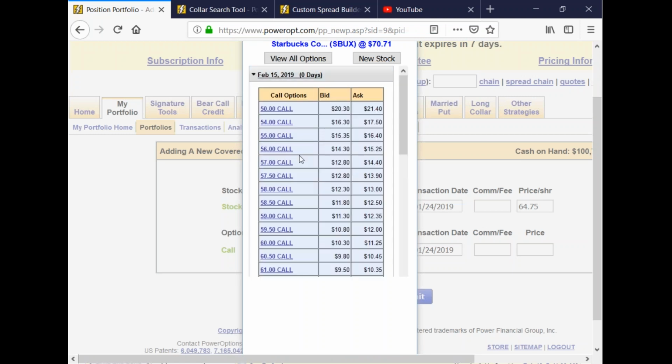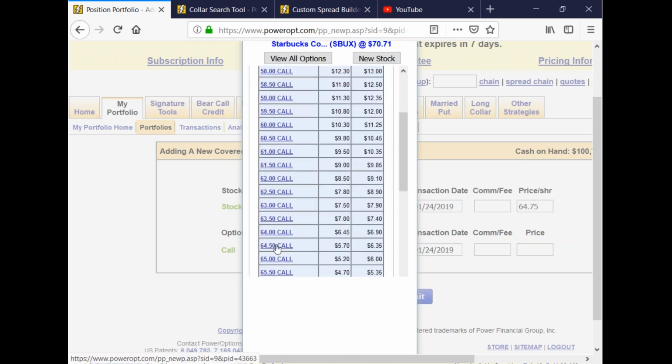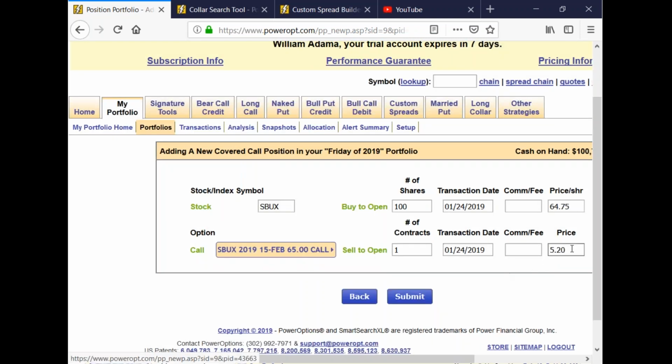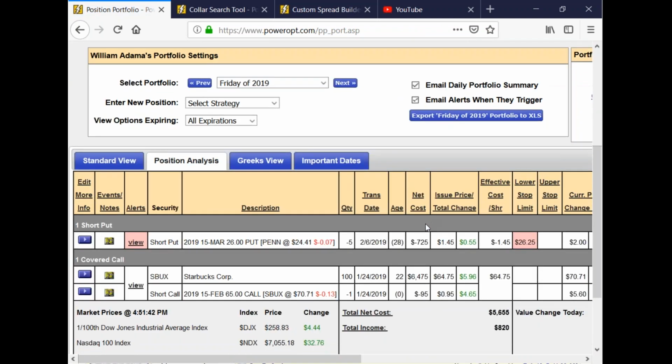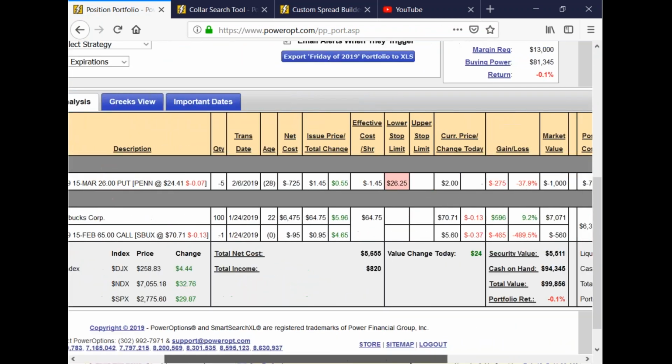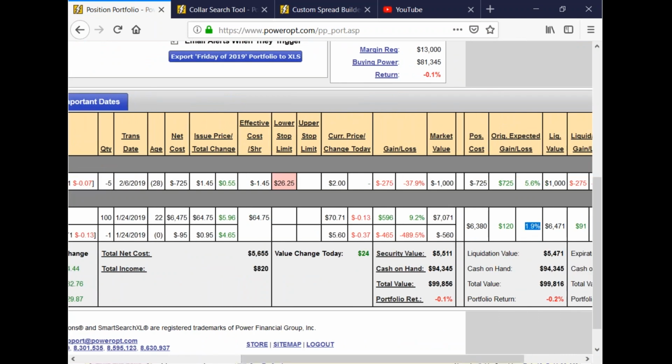But what we looked at is selling the just at the money 65 call on January 24th for 95 cents. It's roughly 22, 23 days out in time. Okay, so my original expected covered call return here was 1.9%. So I was looking for about a 2% potential covered call return for a 22-day time period.